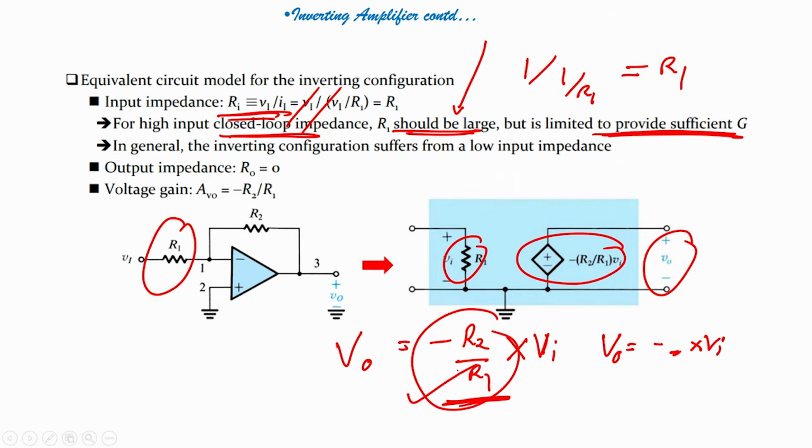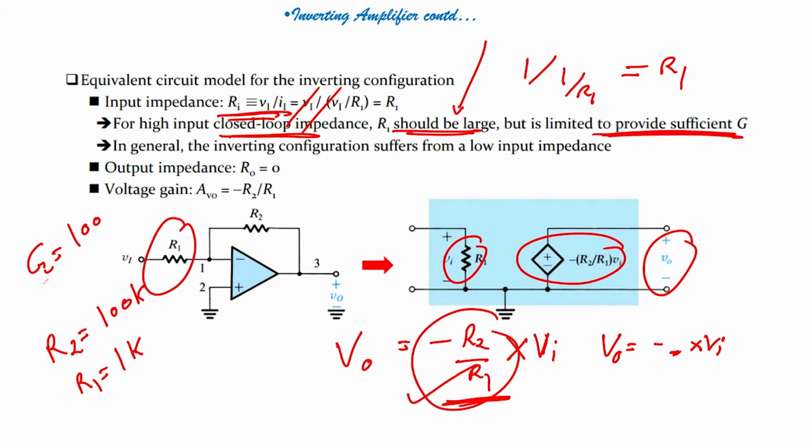For example, if I want the gain of the amplifier to be 100, right, then I can have R2 which is 100, but R1 I cannot have 100, I can only have 1, right. So, I can have R2 equal to 100k, R1 equal to 1k, you see.